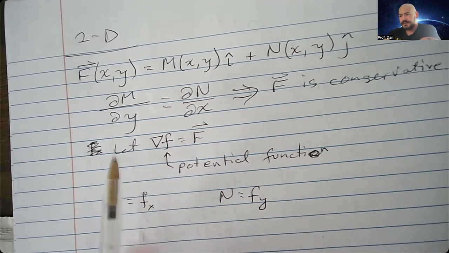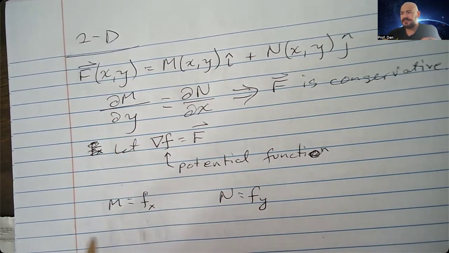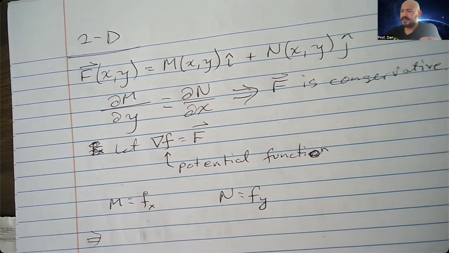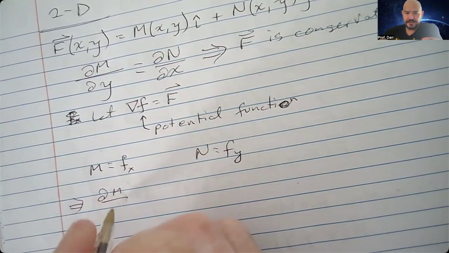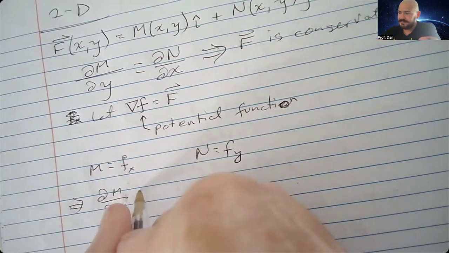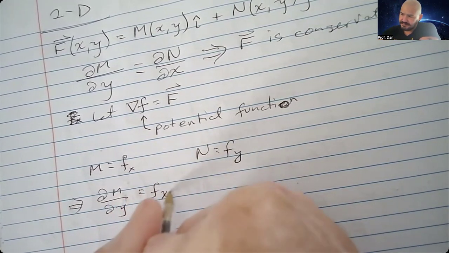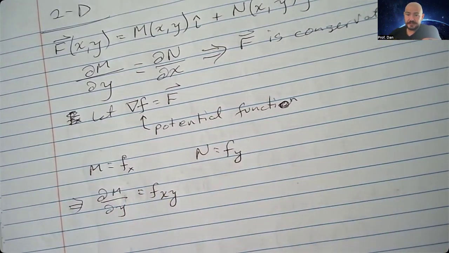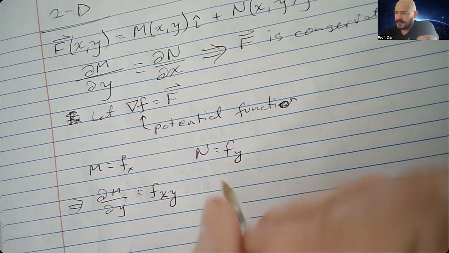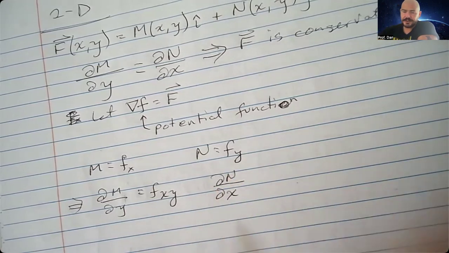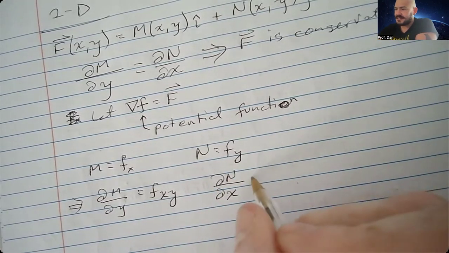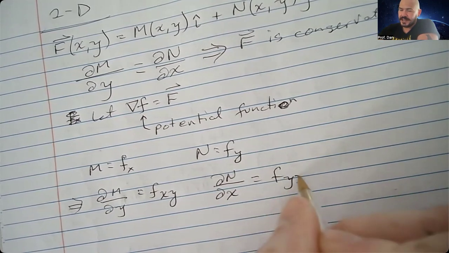So if I take the derivative of m with respect to y, essentially that's giving me fxy, the mixed second partial derivative. And similarly, if I do the partial of n with respect to x, then this is giving me fyx.